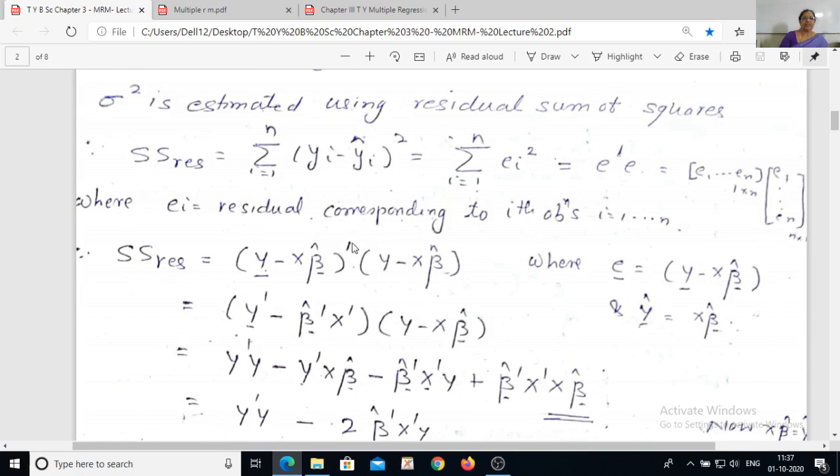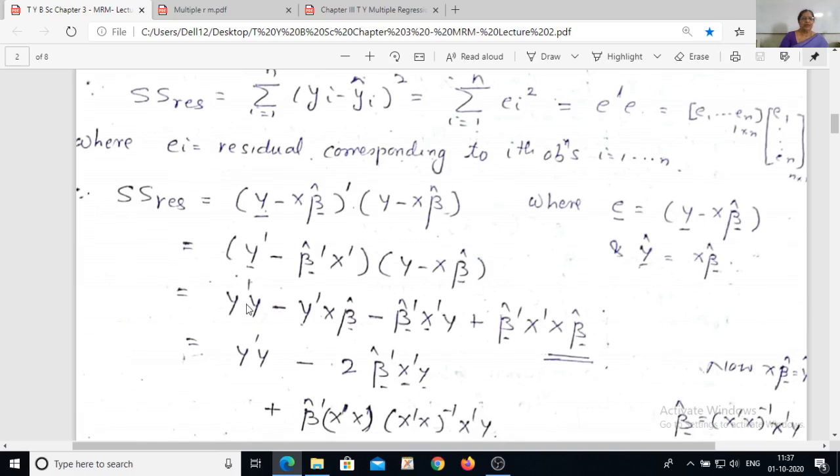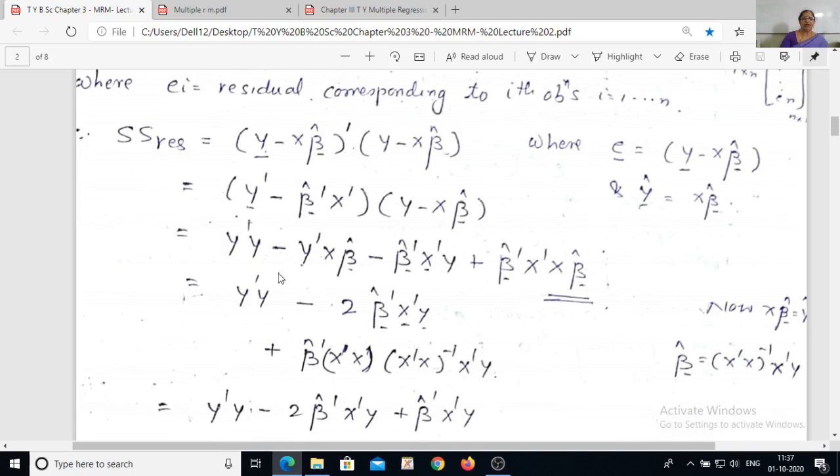Now if I take this prime inside, it is (y prime minus beta cap prime x prime) and (y minus x beta cap) as it is. Here I have written that E is equal to y minus x beta cap because y cap is x beta cap. So it is y prime y minus y prime x beta cap minus beta cap prime x prime y plus beta cap prime x prime x beta cap.